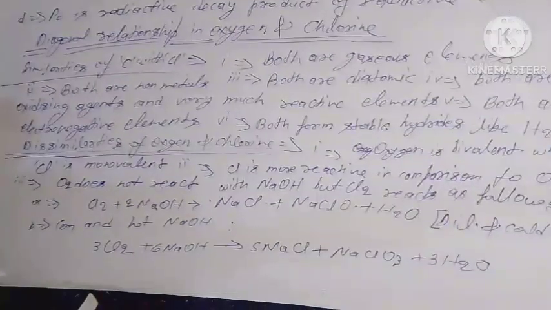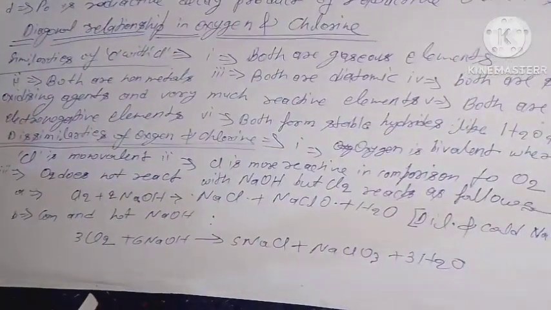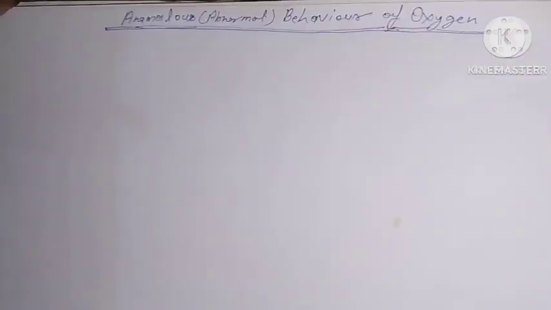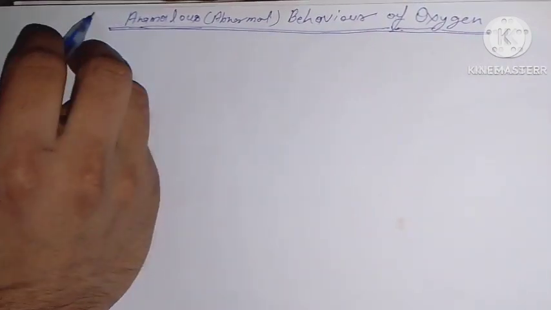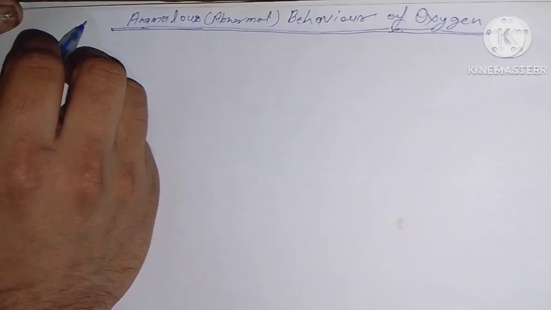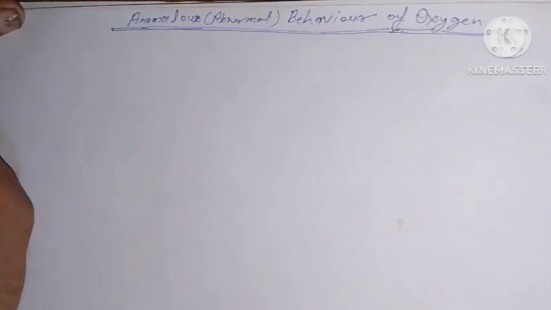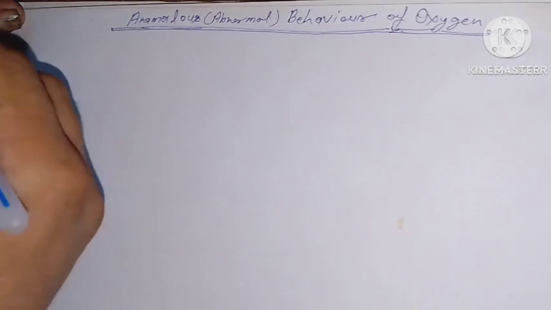Anomalous behavior of oxygen. Okay. First member oxygen of the group differs in property from the rest of the members.